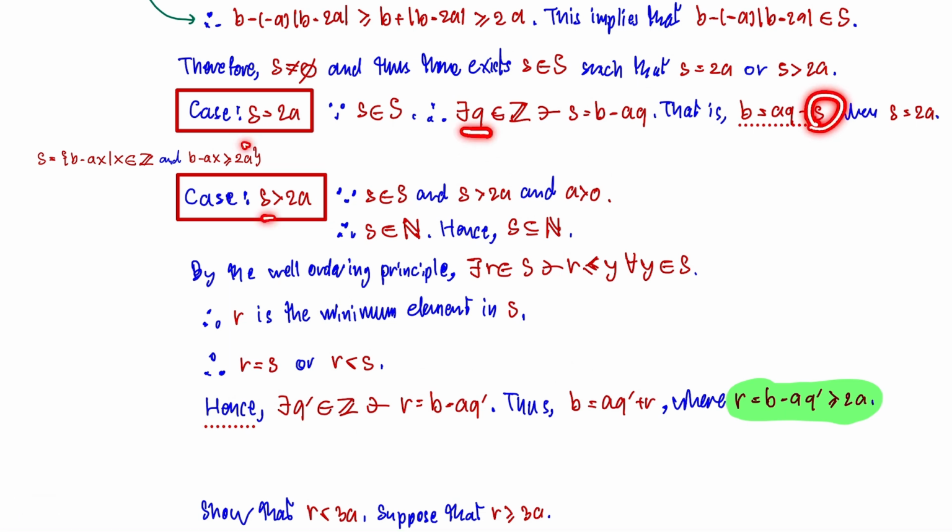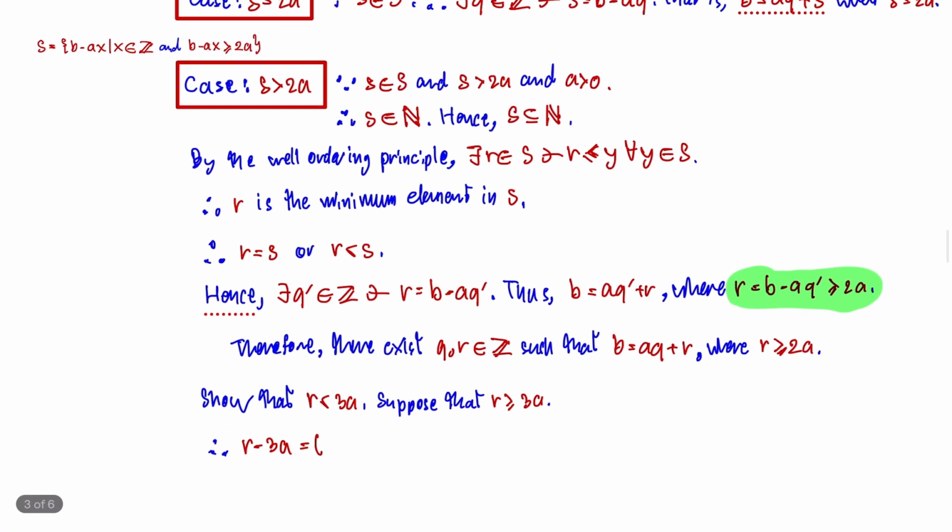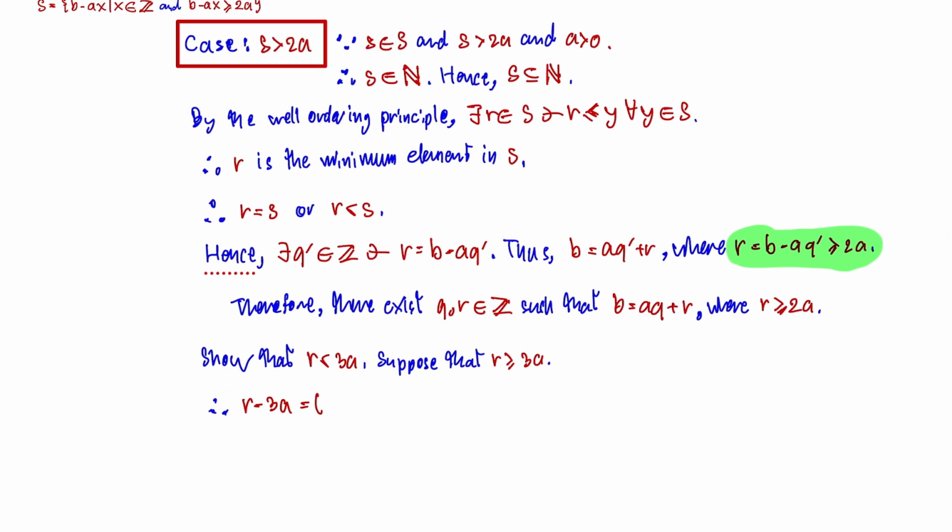So right now, we have proved that there exist Q and R, which are integers, such that B equals AQ plus R, where R is greater than or equal to 2A.